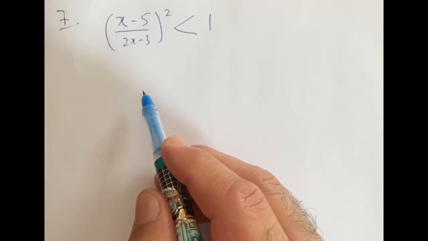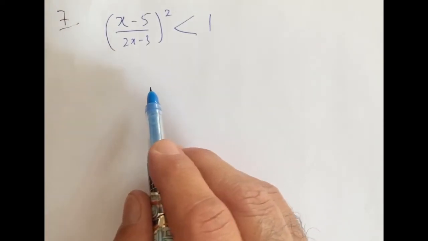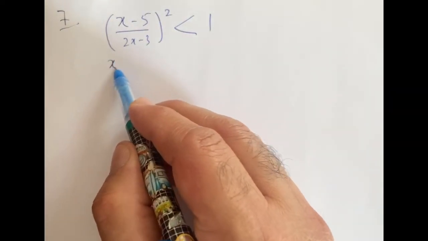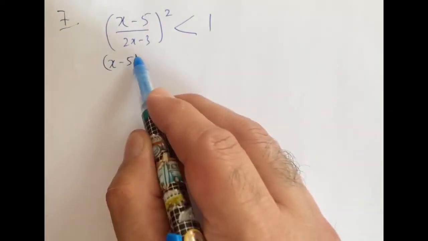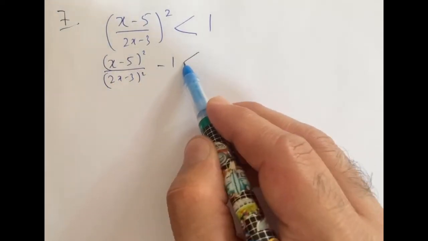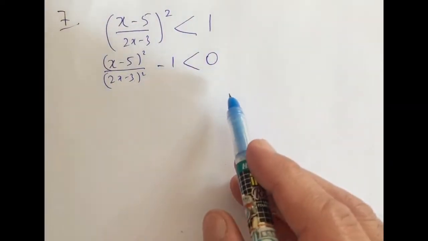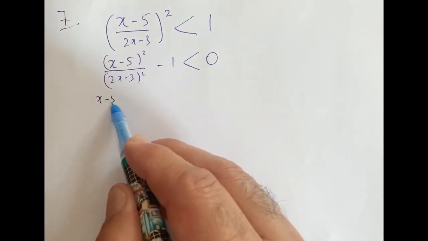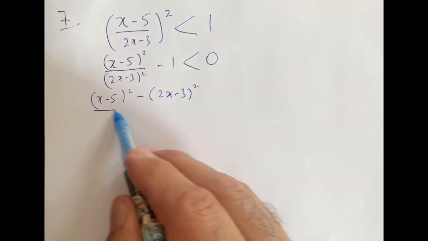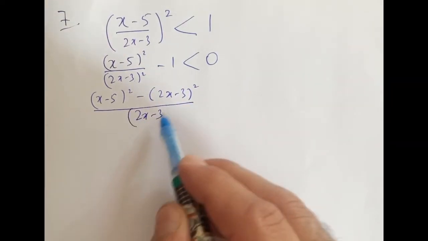Next, (x minus 5) upon (2x minus 3) whole square is less than 1. So we write this as (x minus 5) whole square upon (2x minus 3) whole square minus 1 less than 0. We make the right hand side equal to 0. Then we simplify the left hand side. This is (x minus 5) whole square minus (2x minus 3) whole square upon (2x minus 3) whole square.